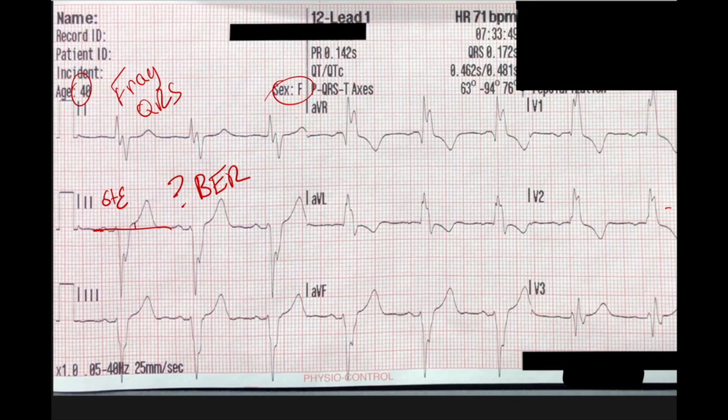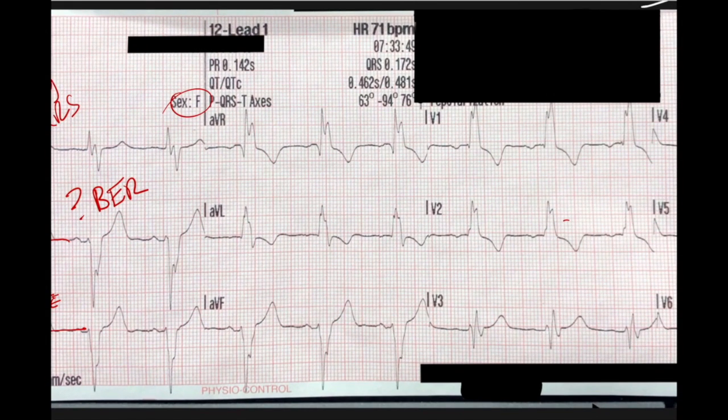We have P wave, tiny R wave, odd S wave, and a little bit of ST elevation again. aVR, we have the Q waves as noted, but this time we have a dominant R wave in aVR, which we know is pathologic. And our T wave is inverted, which is reasonable.